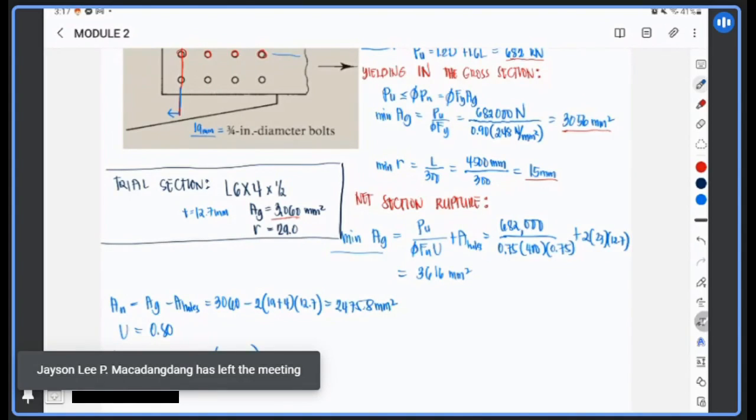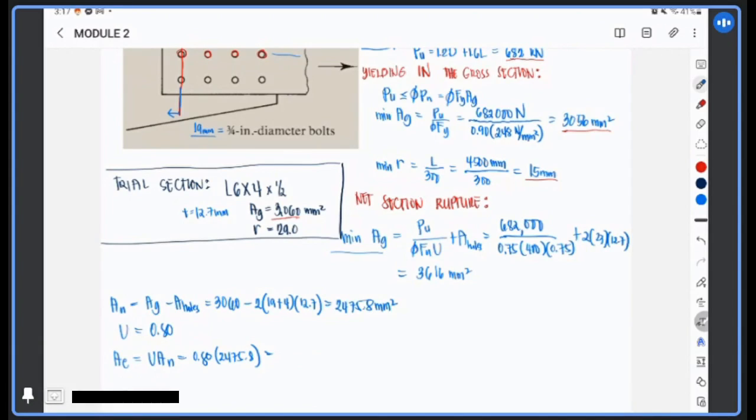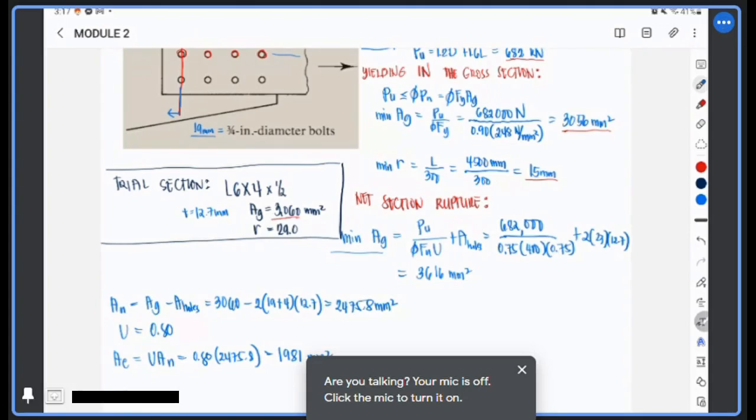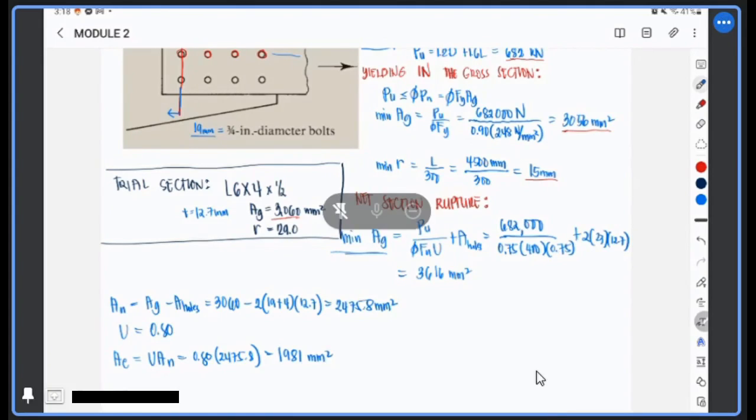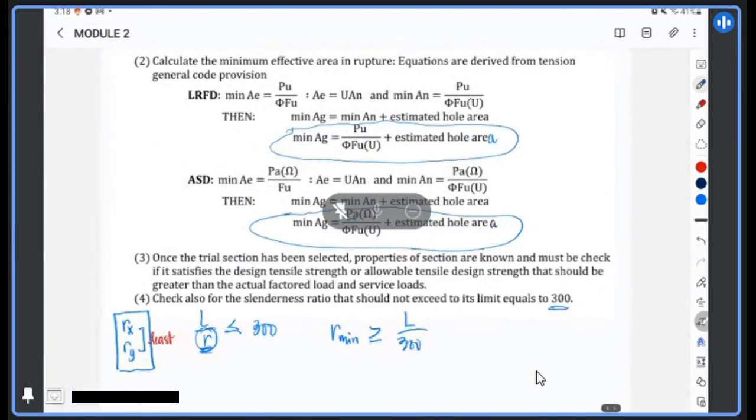Kasi ang liit na guys ng ating net area. Hindi na pwede ito. That's 1,981 square millimeter. That's the effective net area. Ito kasi yung pag-compute natin ng minimum Ag. Iba yung source ko nito. Should be minimum An, minimum Ae. Dito. Ito pala dapat ginamit natin.